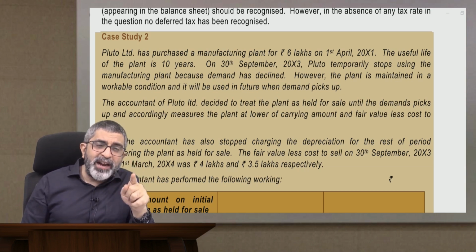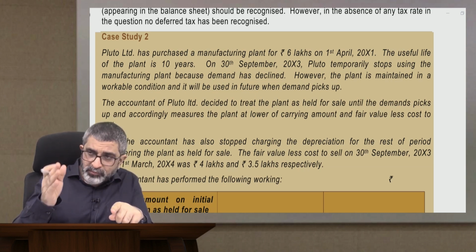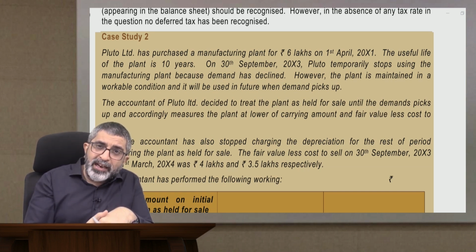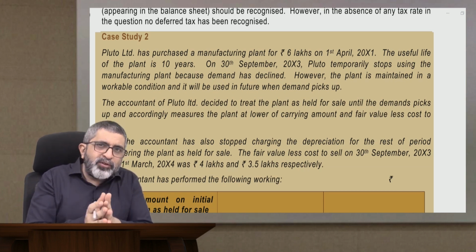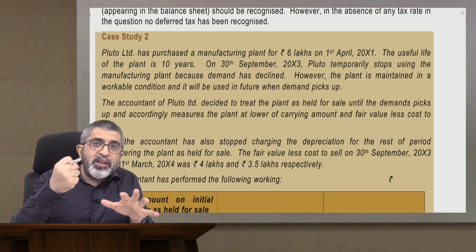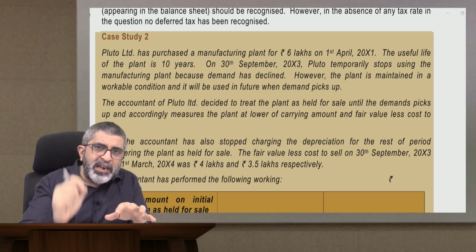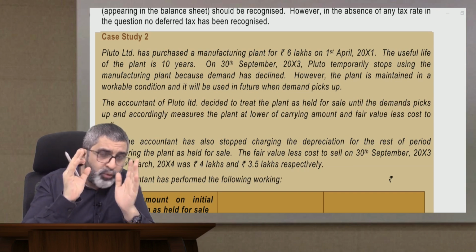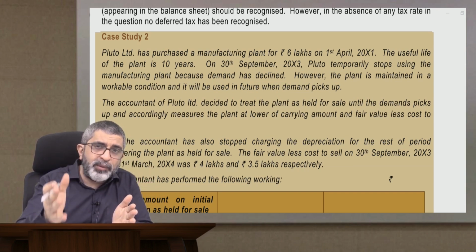If it is classified as held for sale, it has to be a permanent reclassification from your property, plant and equipment to the other category, that is non-current assets held for sale. So first of all, this reclassification made by the accountant is not appropriate, because the recovery of the plant should primarily be from the sale. That is one precondition, correct? You would have read that condition under Ind AS 105.